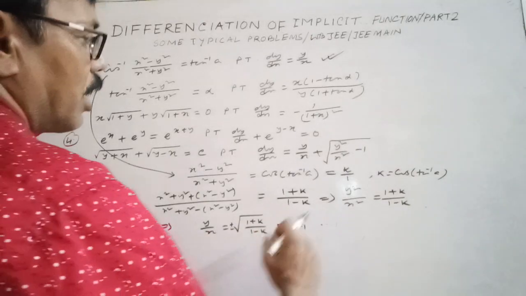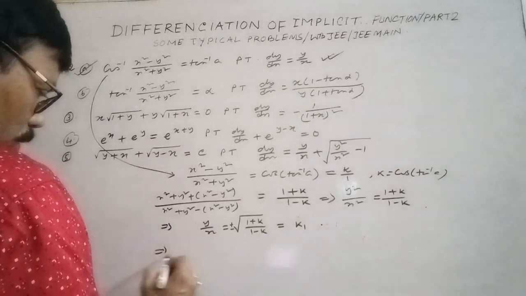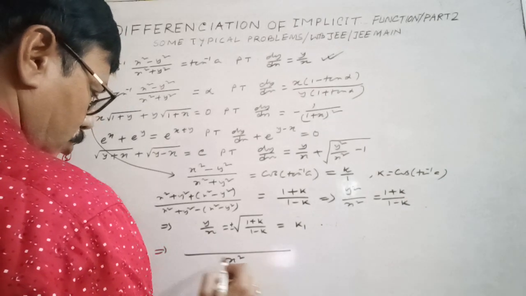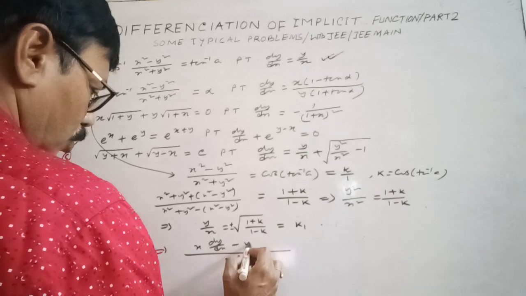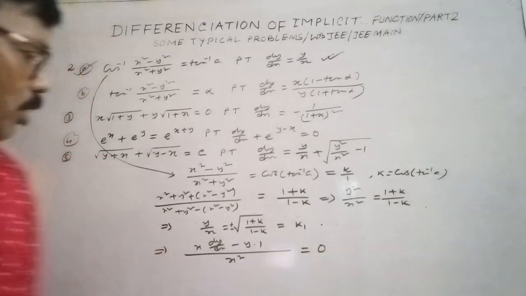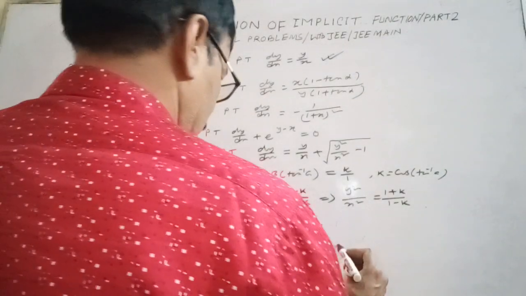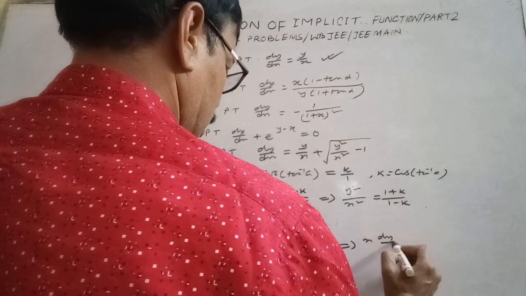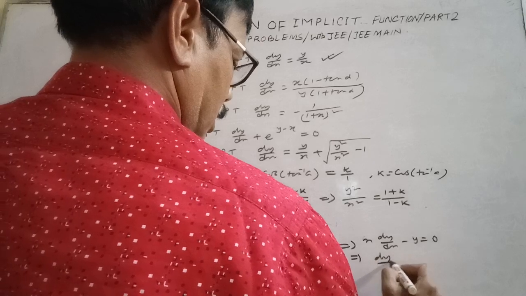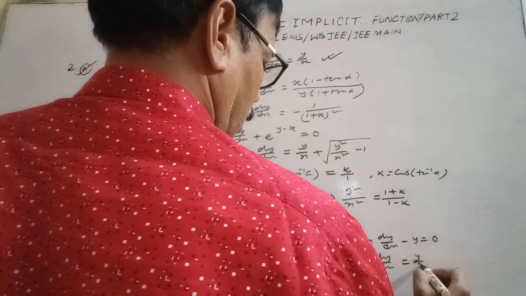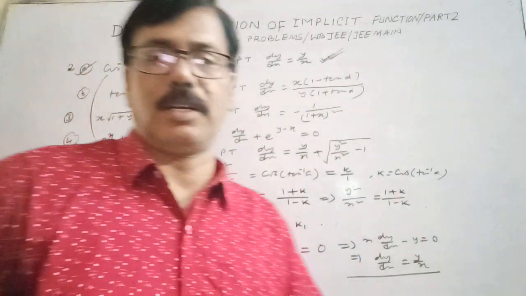Do not transfer x to the right hand side. So x into dy by dx minus y into 1 equals 0, as the derivative of a constant is 0. So x dy dx minus y equals 0. So dy by dx equals y by x. This is our final result.